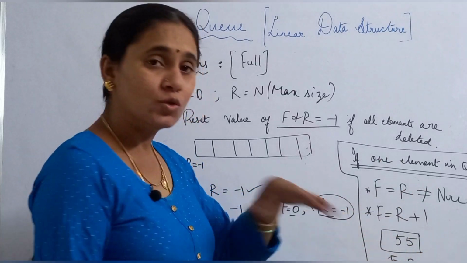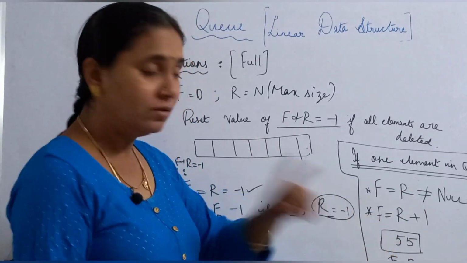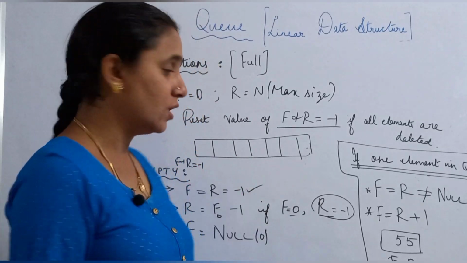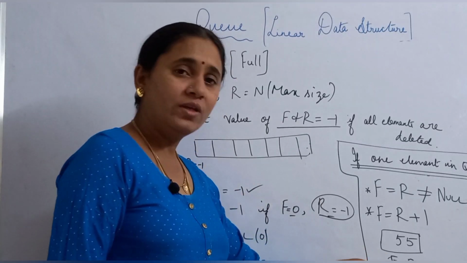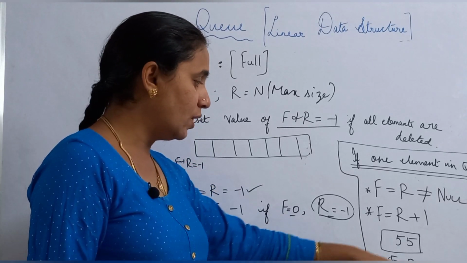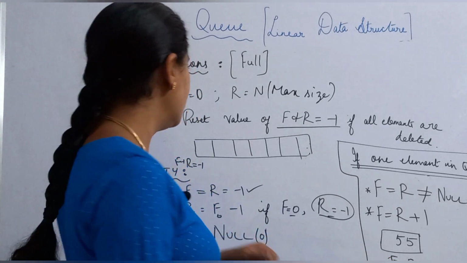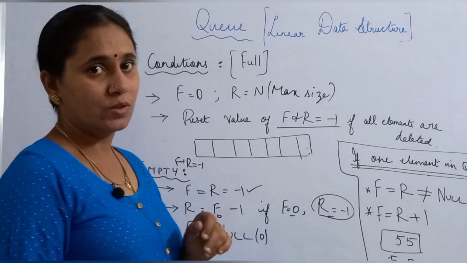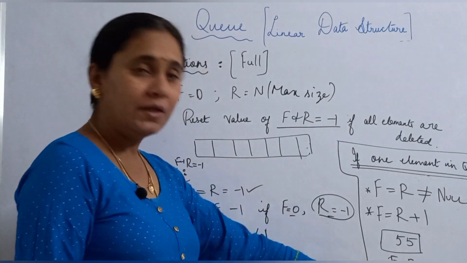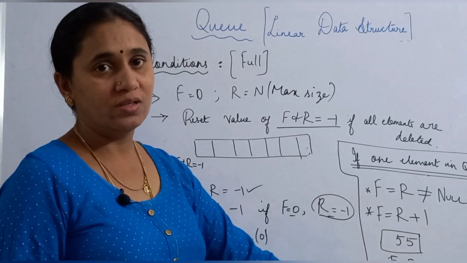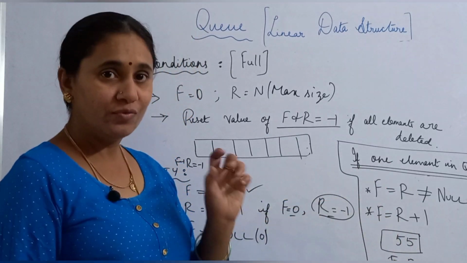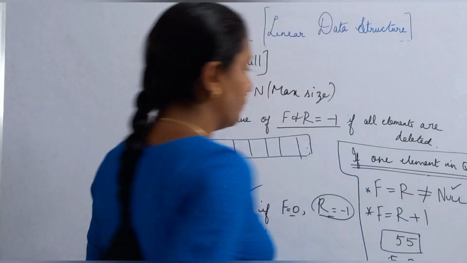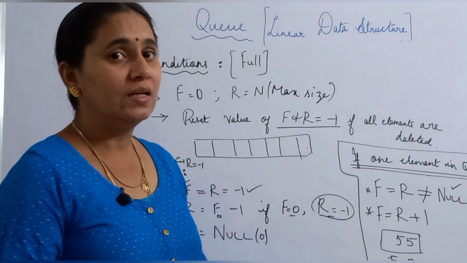The queue is not empty because it has a single element, isn't it? What is the pointer's value? F is equal to 0 and r is equal to 0, because initially we have front and rear as -1. Based on that, we increment the front and rear pointers and place the 55 element inside the queue. So this condition is true. We cannot say it is null.